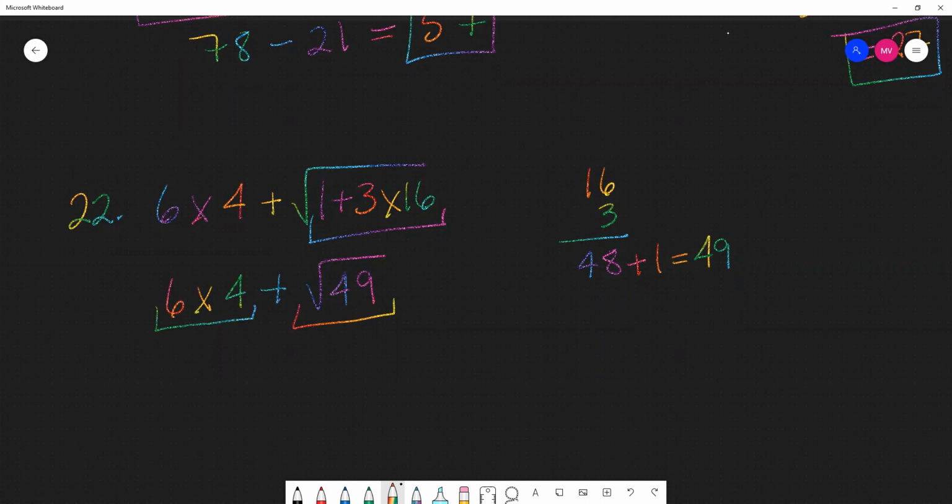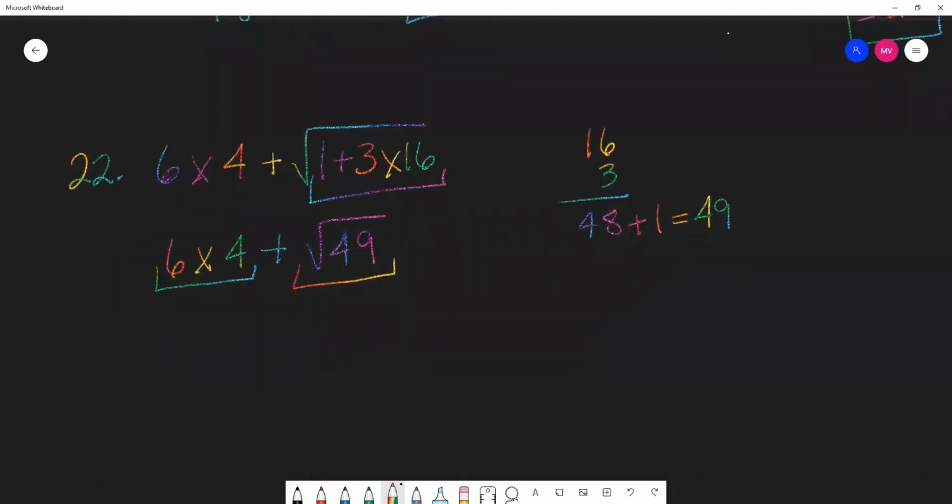However, you can recognize that you need to multiply 6 times 4 before you do anything else because the other is addition. 6 times 4 is 24. The square root of 49 is 7. And 24 plus 7 is 31.